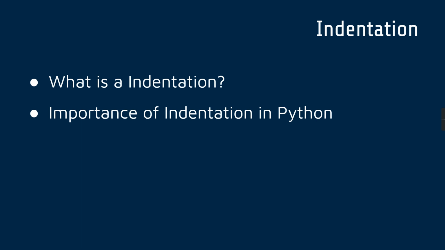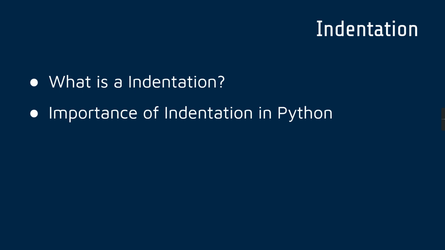If I write five code lines in a certain indentation, I'm telling Python that these five lines go together as a block. So indentation plays a very important role in Python, so that we are telling the interpreter clearly that this set of codes are together.